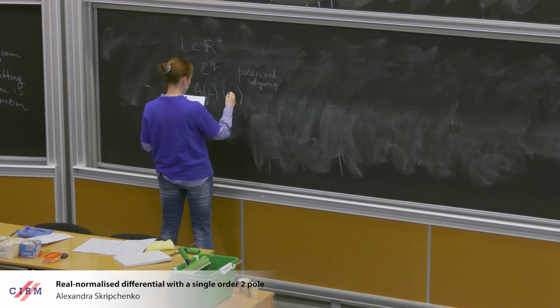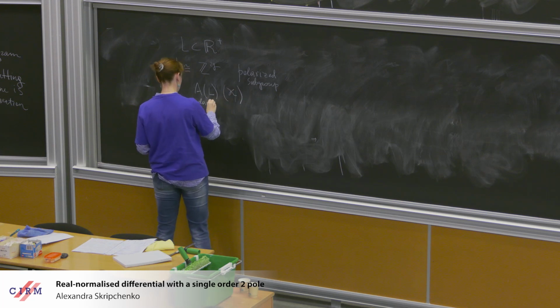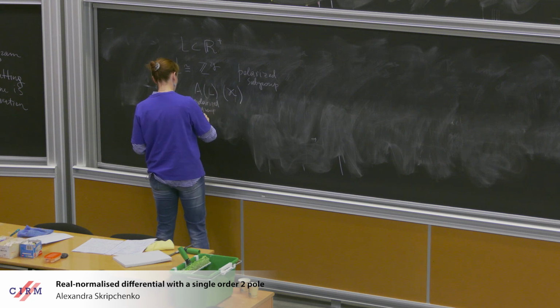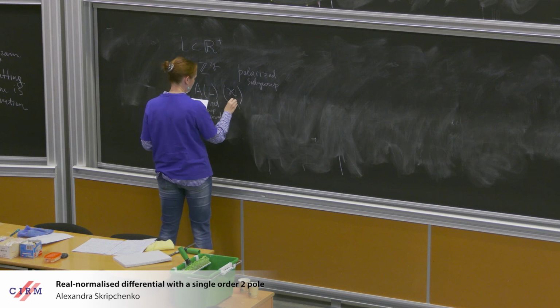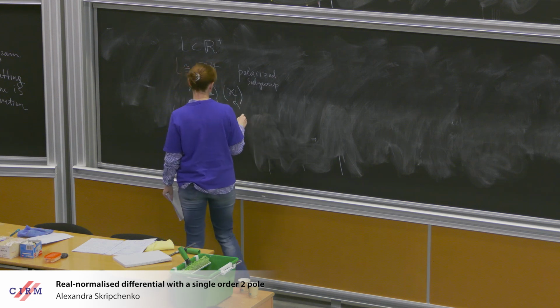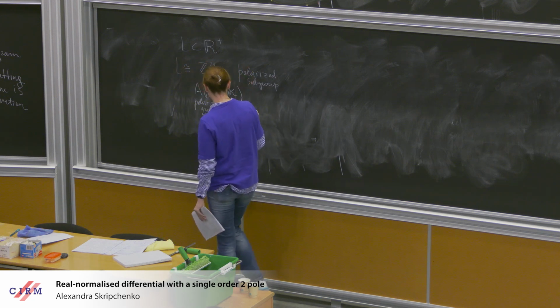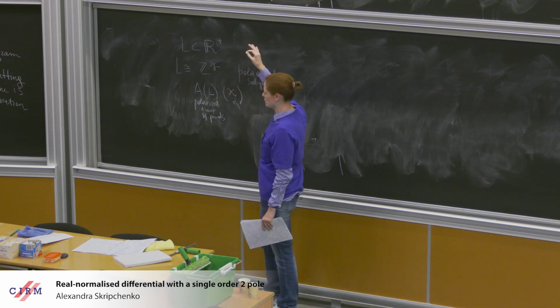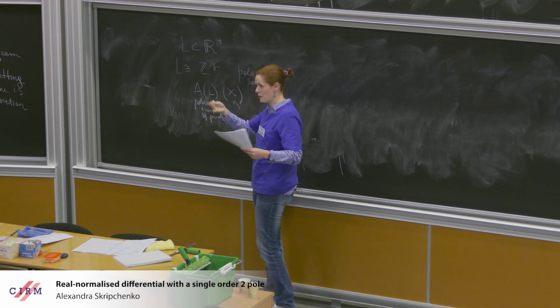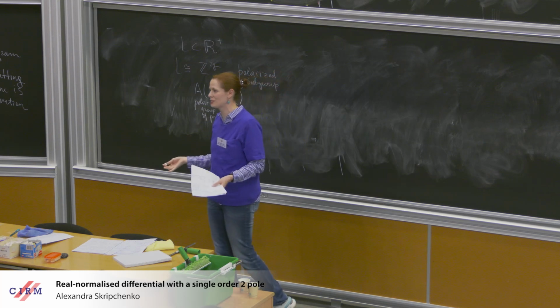Maybe I should not call it phi, let me call it kappa, because it will not be one polarized group of periods, and kappa corresponds to stratification. So it's a description of zeros and poles. What I mean is that here I told you what's going on in the principal stratum, and now we allow ourselves to consider different options.